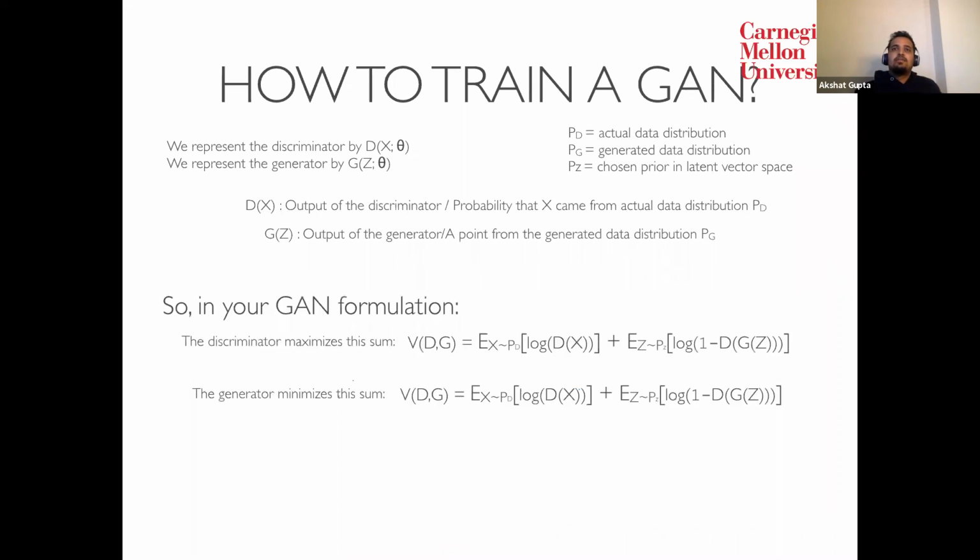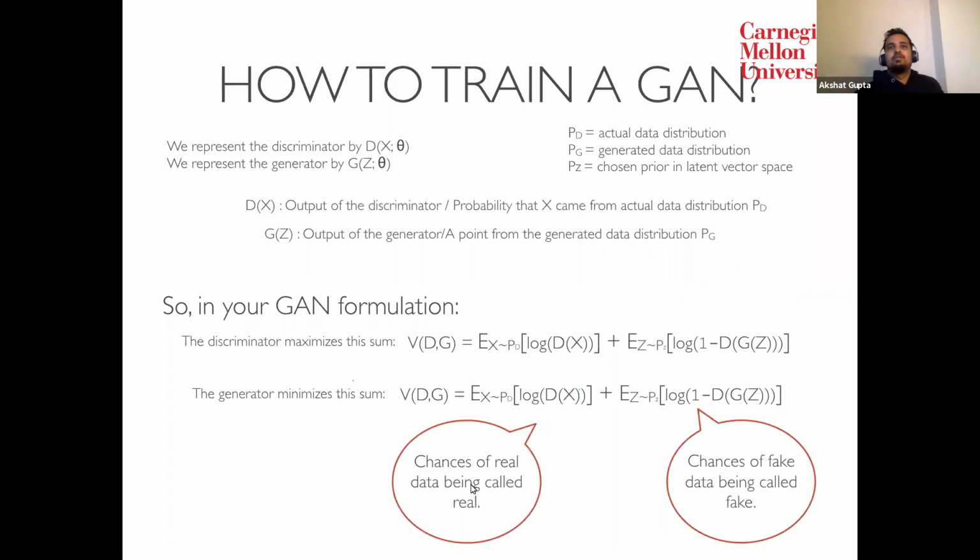In essence, the discriminator wants to maximize this value function, whereas the generator wants to minimize the same value function, where the first term is the chances of real data being called real and the second term is the chances of fake data being called fake.